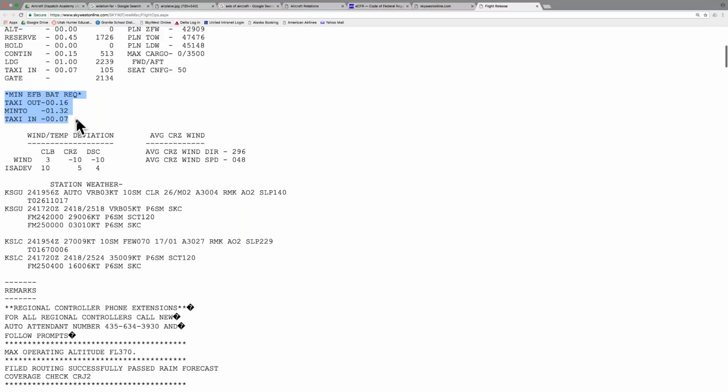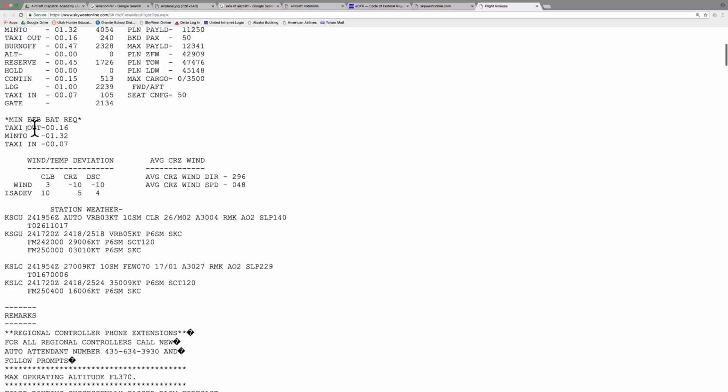But with this EFB, the electronic flight bag is what EFB stands for. Like I said, everything's on a tablet now. And so they are actually required, just like fuel, to have a certain amount of battery life to operate the flight. If they don't have this battery life, they literally have to call us and say, my EFB isn't charged to that amount, 1 hour and 32 minutes.